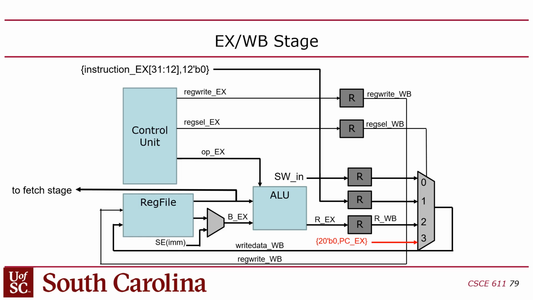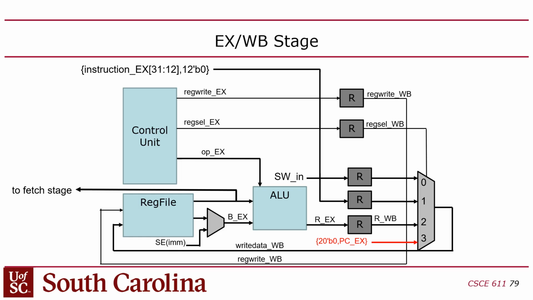The idea is that you want the address of the instruction after the jump to be put in the register file. So when the jump is in the write back stage, the fall through instruction, which by the way is a stall now, still has an address, right? The fall through instruction is not being executed, but it has an address following it through the pipeline, which is the program counter. So that would be the program counter EX.